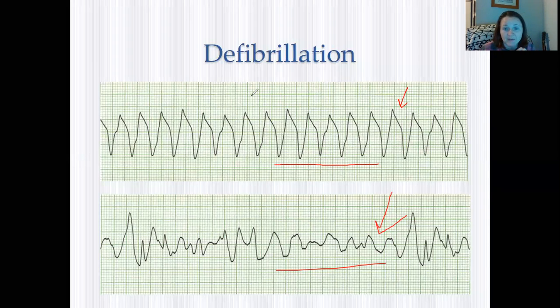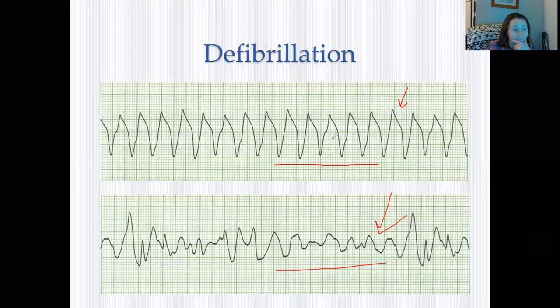That is what we have to do a defibrillation on. You have to have electrical activity, but you also have to have no pulse. So you should have electrical activity with no perfusion. So what we have here is what we need.